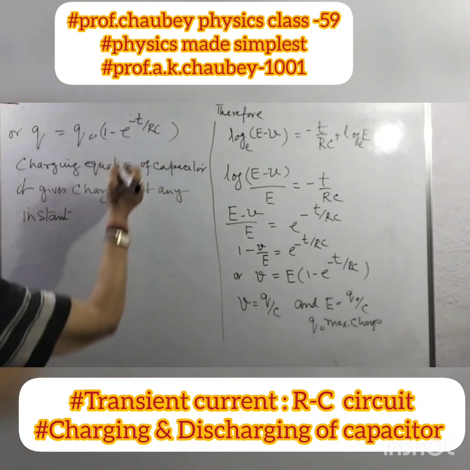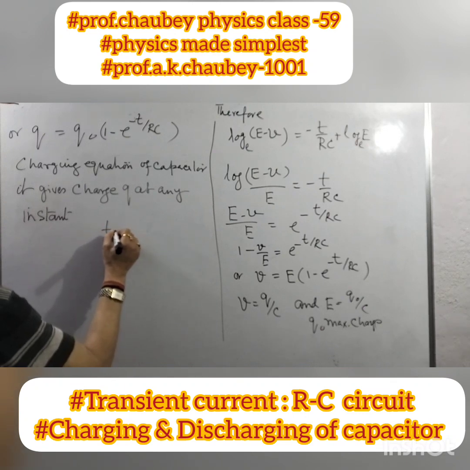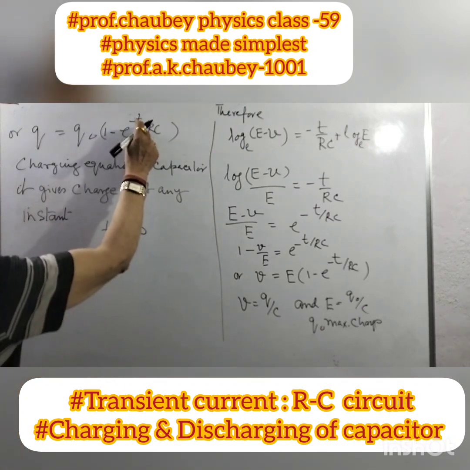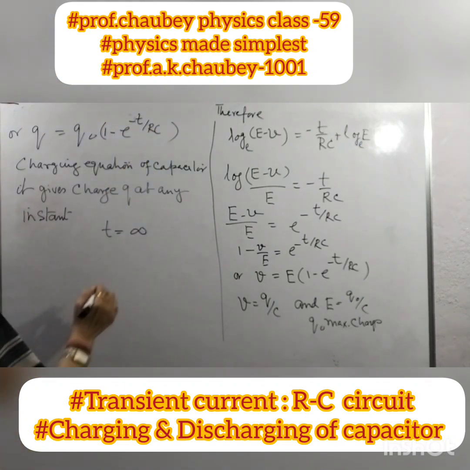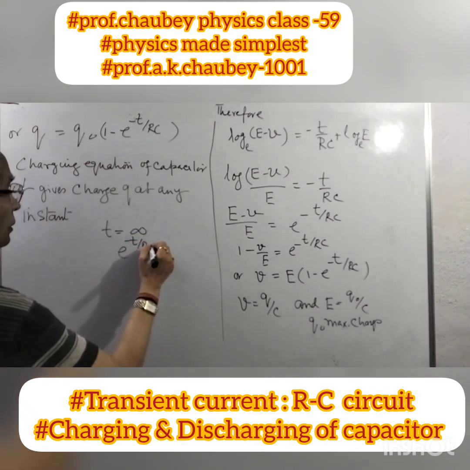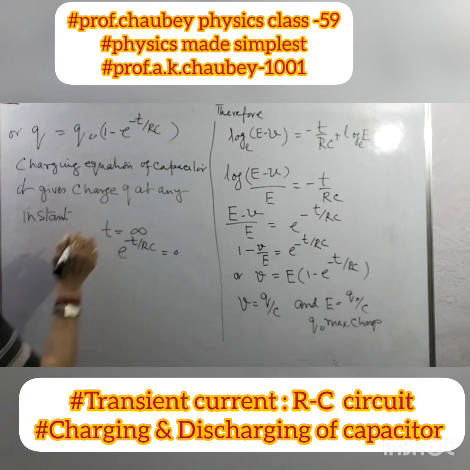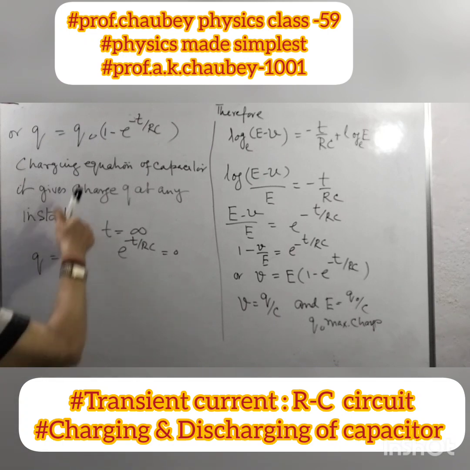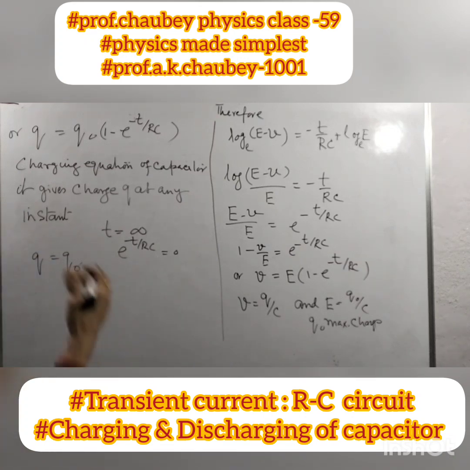You can see that if t is equal to infinity, e to the power minus t over RC is equal to 0 and Q becomes Q naught. Charge becomes maximum when time is infinity. It means it takes infinite time to get the full maximum charge of the capacitor.